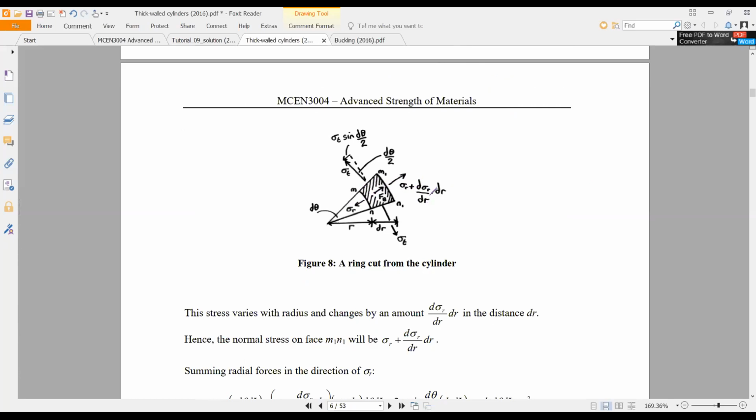That's why we get the derivative here and multiply by dr. I think you learned this in mathematics. I'm going to explain this one.